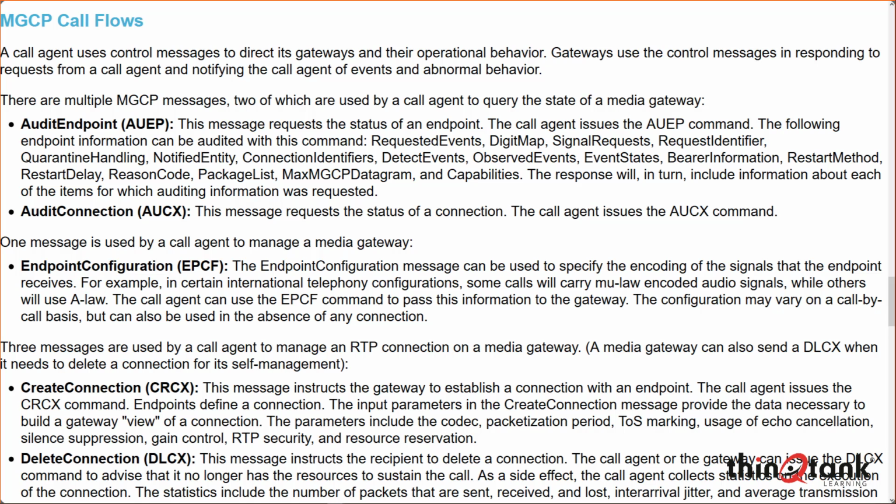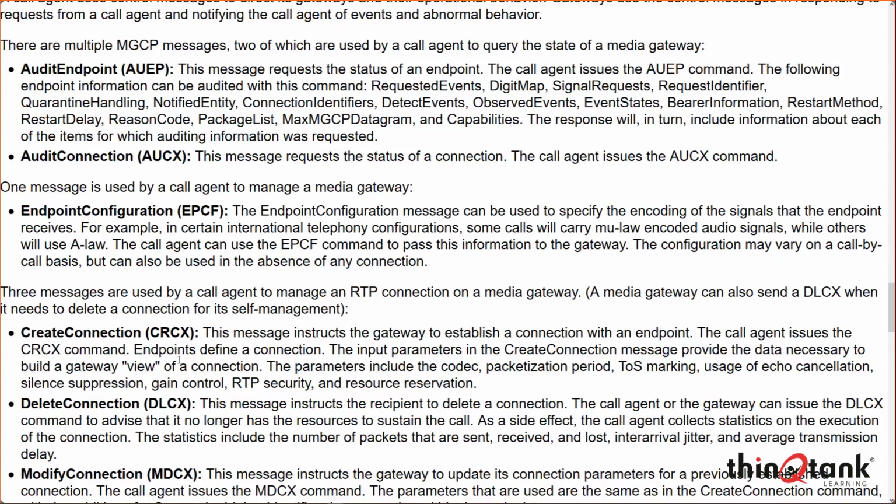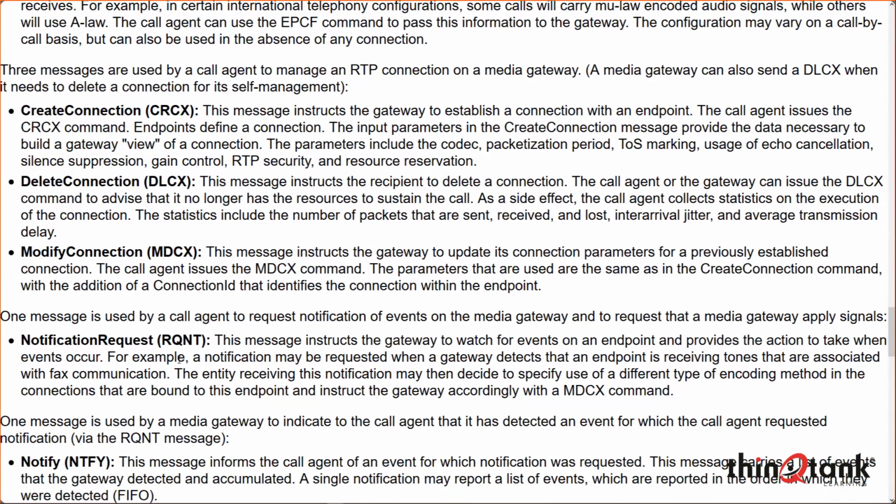All right, create connection, CRCX, a way for us to create or establish a connection with an endpoint. Delete connection, DLCX, a way for us to delete the connection. Modify connection, MDCX, lets us alter the operating characteristics of a connection.